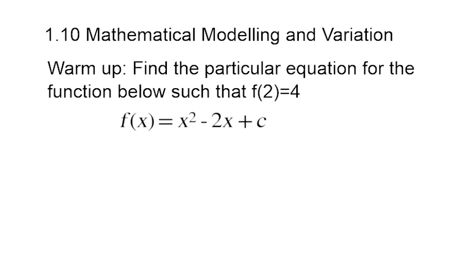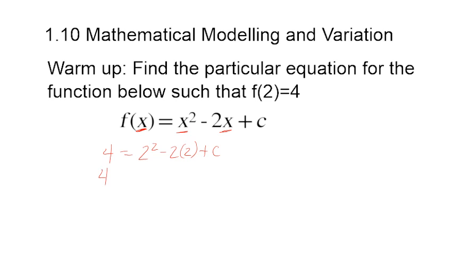All right, so one way that we could do this is we could say, well, if f of 2 is equal to 4, then that means that x must be 2, right? So if x must be 2, then anywhere that we see x, we can replace that with 2. So 4 must be equal to 2 squared minus 2 times 2 plus c.